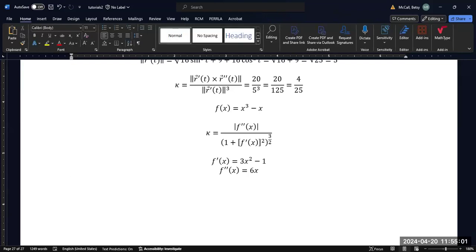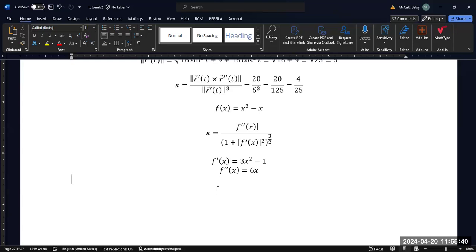And then in the numerator we're going to have the absolute value of 6x, so that it's always positive. If we put in a negative x, we should still get a positive value for the curvature. You can't really have a negative radius of curvature. And then in our denominator, we're going to find our magnitude of the arc length, essentially. That formula is still the same, but it's just expressed in different terms, and then we're going to cube it.